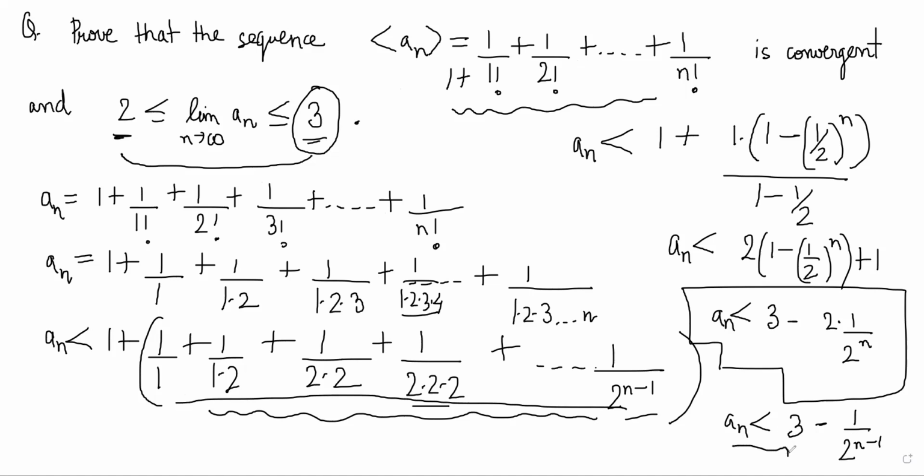If the terms are less than this, then obviously there is now an upper bound and a lower bound, and it is monotonically increasing. So it will converge to the lowest upper bound. When you do n tends to infinity, this part tends to 0, it converges to 3. Right? Right, sir.